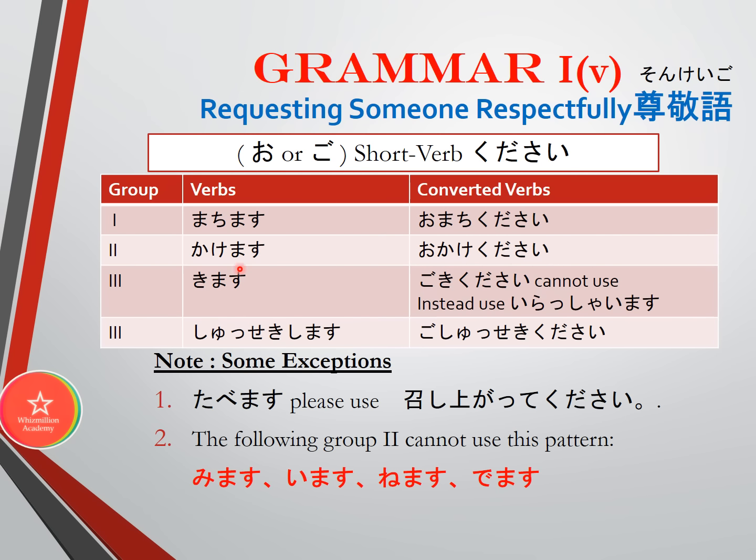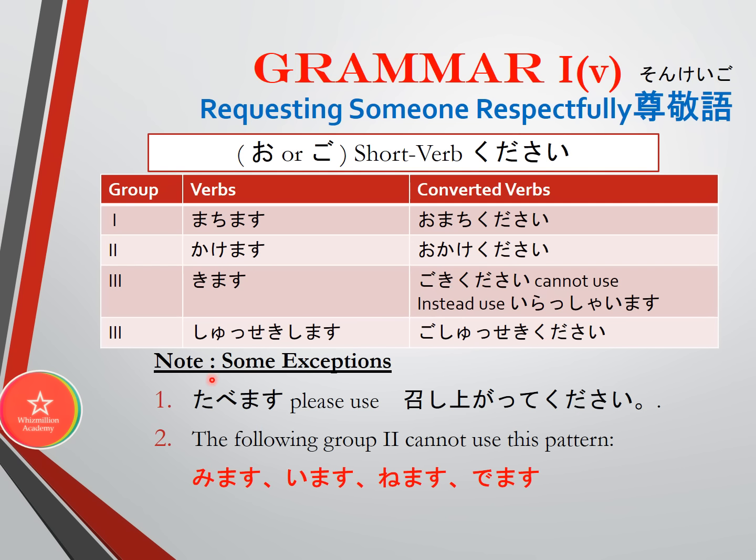Group 3 verbs, kimasu. Go ki kudasai is a bit odd. Most people will just use irashaimasu. For group 3 verbs like shuseki shimasu, you may use go. Go shuseki kudasai.